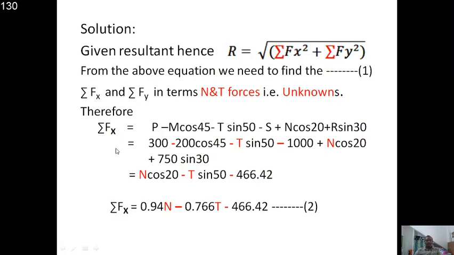We have to solve sigma Fx, the algebraic sum of all the forces in the x direction, in terms of the unknown forces N and T. And similarly, you get the equation in terms of N and T for sigma Fx by substituting all the values.